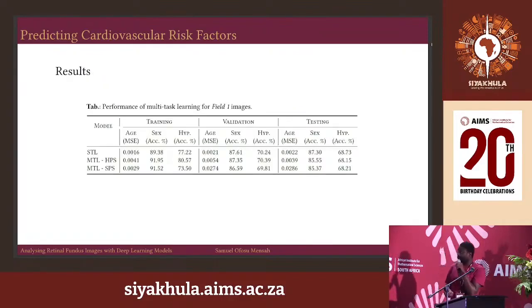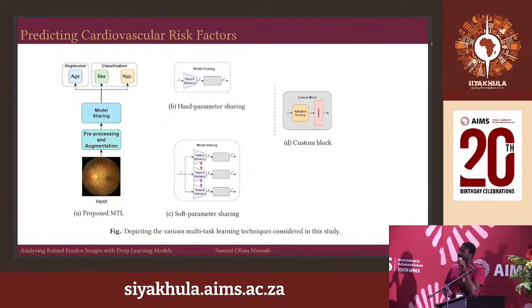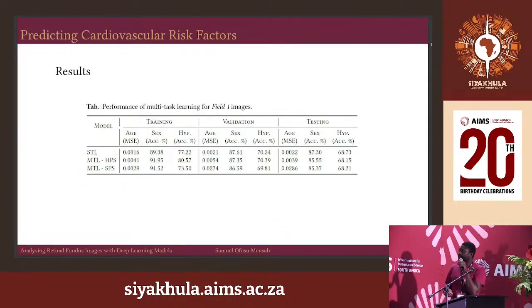So we now compared the results, and we find that the performances are quite similar to each other. So we have STL, which is single task learning. That is, we build a model that would only predict one of these tasks at a go. And then we have the MTL, which is multi-task learning with HPS, that is hard parameter sharing.